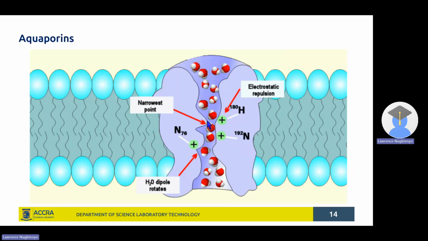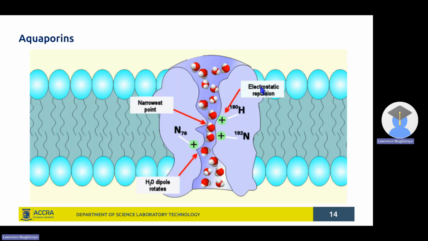And you can see there's some constriction there, which is referred to as the narrowest point. If a molecule is much bigger than water molecules and is not allowed to pass through here, of course there's going to be some repulsion, and that molecule is bounced back. It does not pass through these aquaporins.